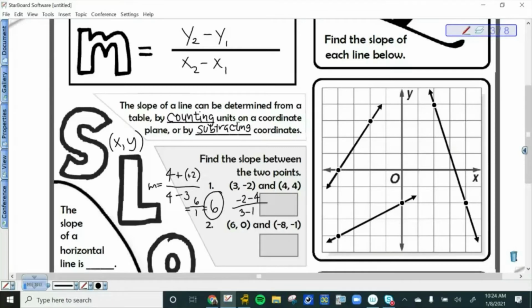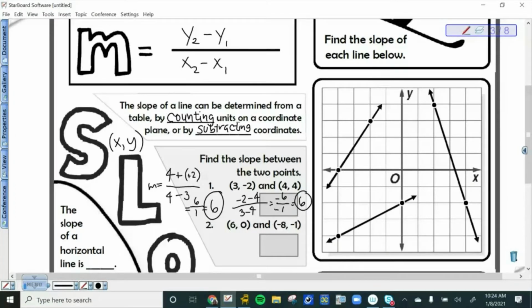So -4, no, what am I doing? 3 minus 4. Sorry. 3 minus 4. So -2 minus 4 is -6. 3 minus 4 is -1. -6 divided by -1 is still 6.